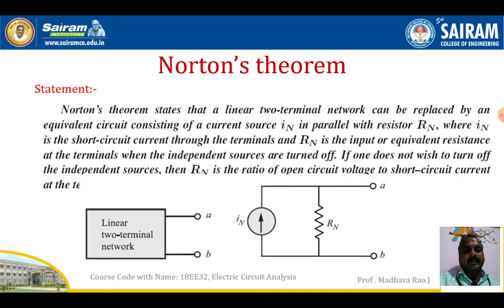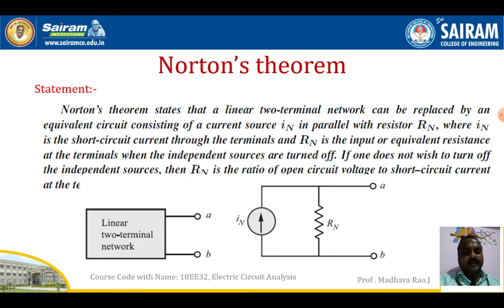But here, Norton's theorem is related to the current source. If you remember these two things, Thevenin's theorem belongs to the voltage source, Norton's theorem belongs to the current source, then you can explain the entire statement of those two theorems.